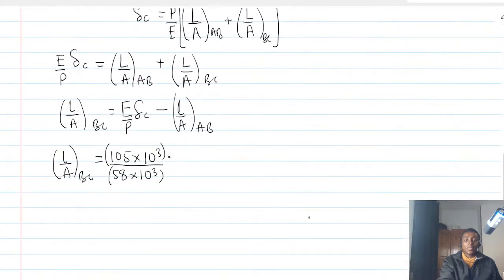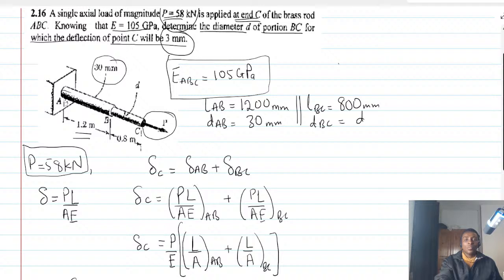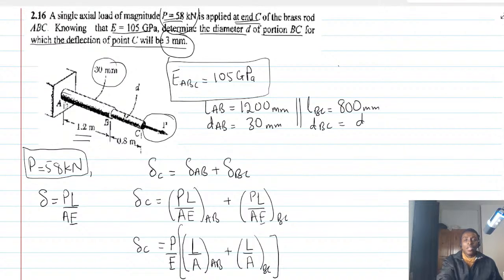Deflection is 3, so multiply by 3 minus the length divided by the area for AB. Now the length of AB is 1200 millimeters, and the diameter is 30.